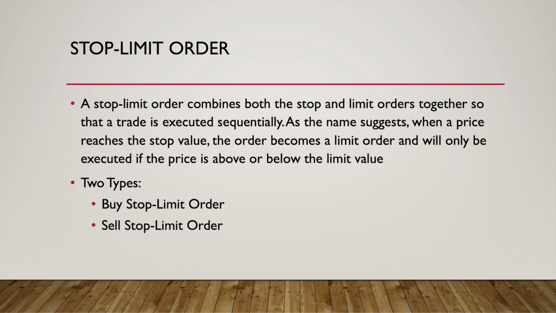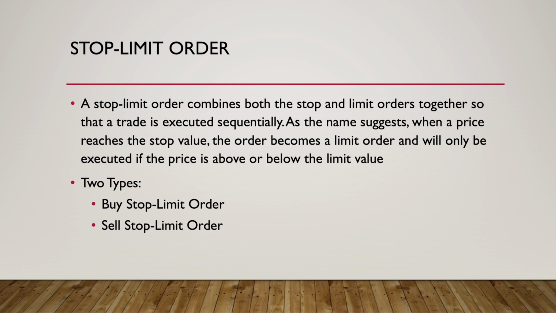Lastly, we have the stop limit order, which combines both the stop and limit orders together so that a trade is executed sequentially. As the name suggests, when a price reaches the stop value, the order becomes a limit order and it will only be executed if the price is above or below the limit value.